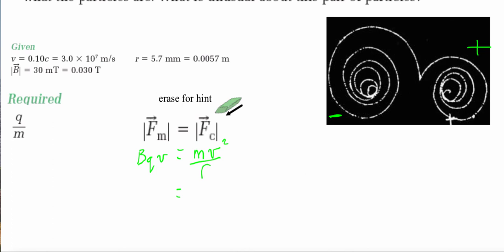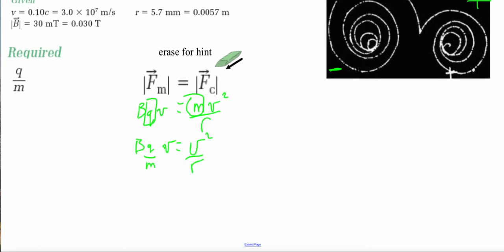Now we're trying to isolate for my charge over mass ratio. So I'm going to first put my mass on the side, so I have charge over mass. Okay, now I'm going to continue isolating, so I get my charge over mass is equal to velocity divided by my magnetic field multiplied by the radius.